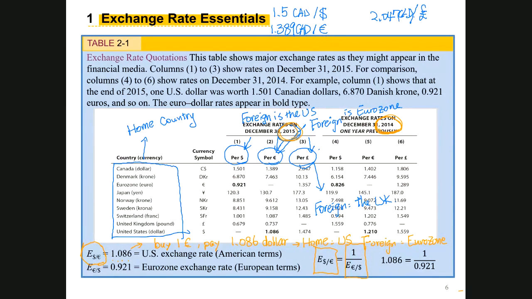That is basically the idea here. So if you put yourself in the US, your home country is the US, right? This one, dollar slash euro, represents the home country and this represents the foreign country.